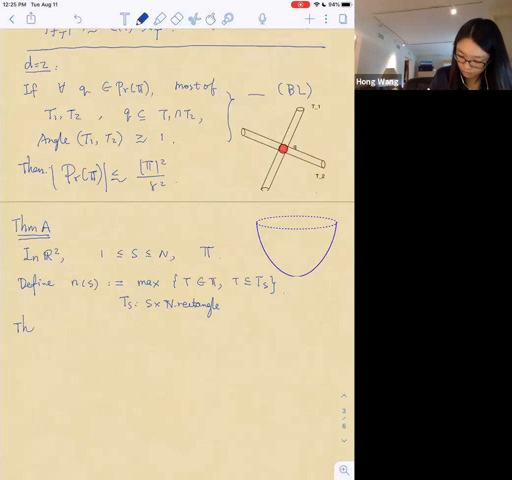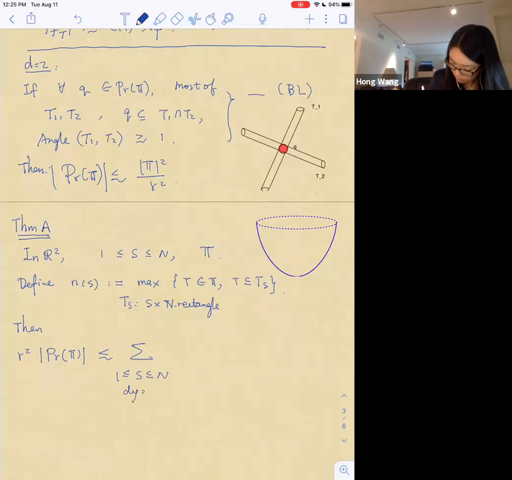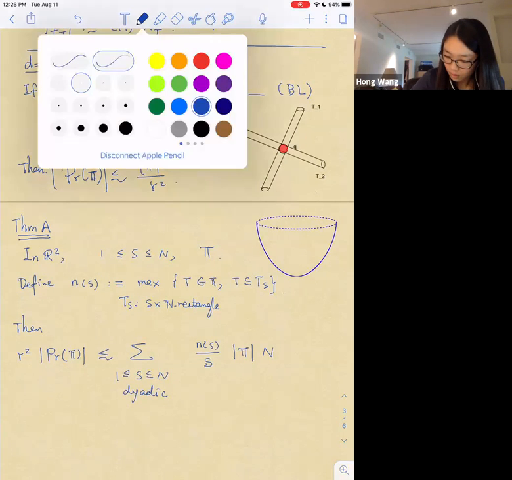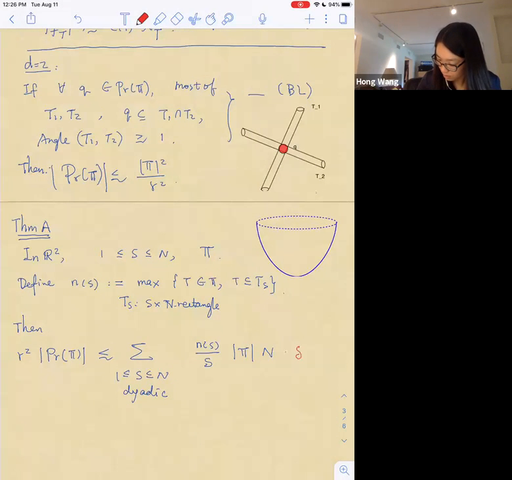Then we have the following estimate: R squared times the number of average unit balls is smaller than the sum over all dyadic S between 1 and n, of n divided by S times the number of tubes T times n, the length of tube, and then times delta S. So this delta S takes value 0 or 1, that we'll discuss later.